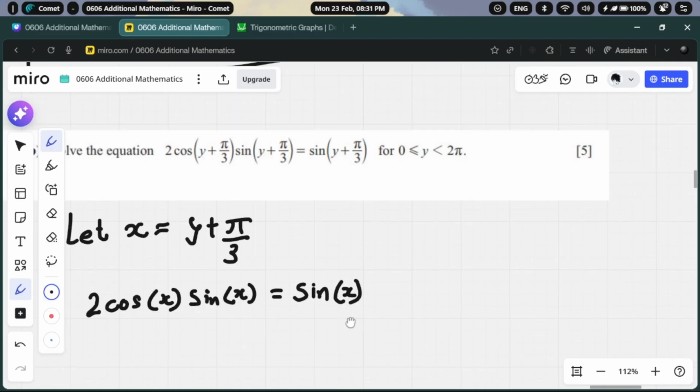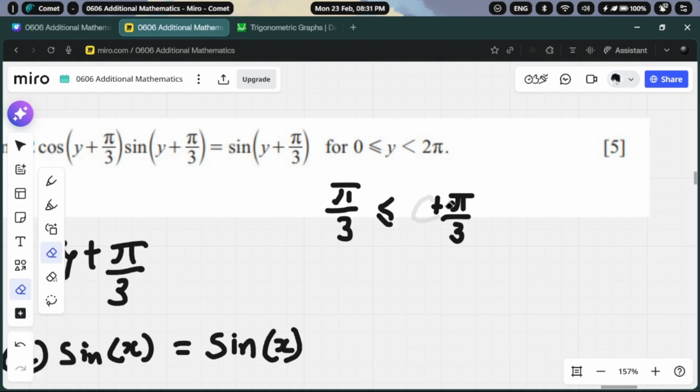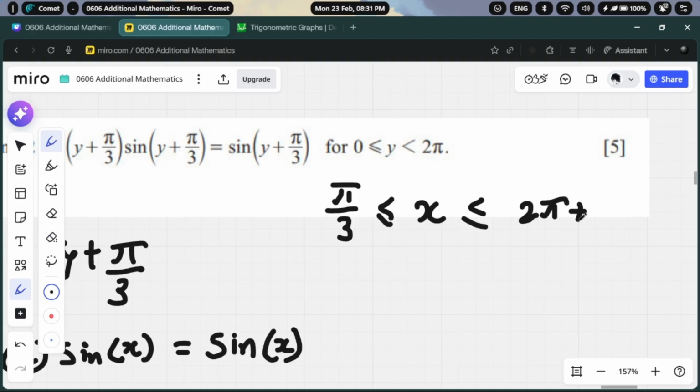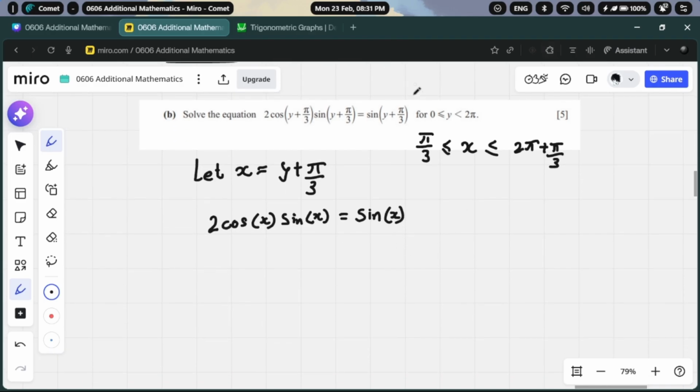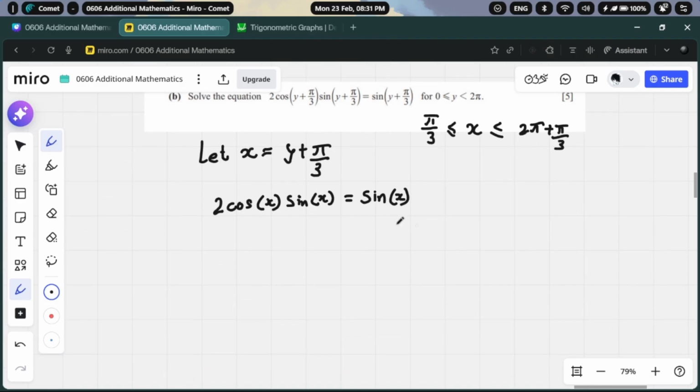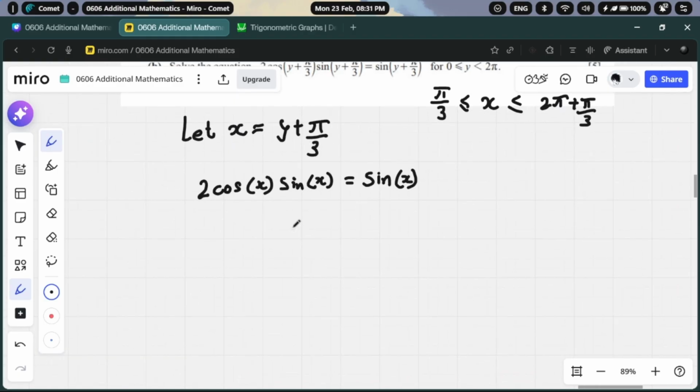Let's find out our new domain for x. So you do pi over 3, because you're adding pi over 3, is less than or equal to y plus pi over 3, which we can rewrite as x because that's what we defined x as, which is less than or equal to 2 pi plus pi over 3. Alright, that's our new domain for the equation.